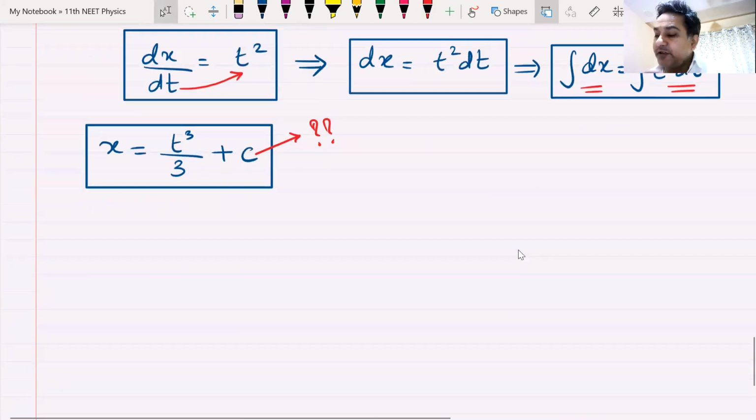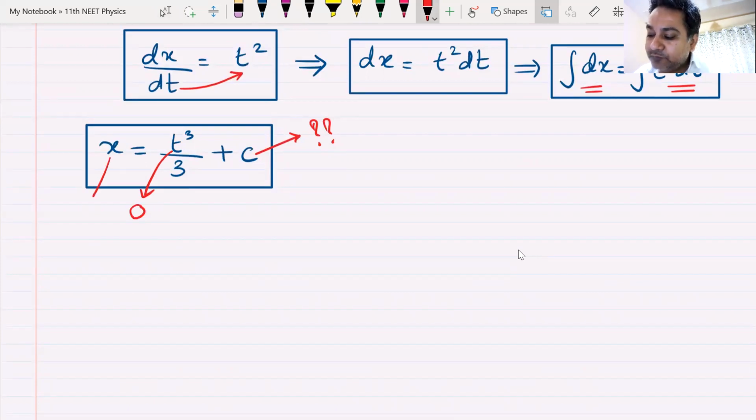So I put the value here. Time is 0 and x is 4. From here I will get the value of c. What will be the value of c now? Time is 0, x is 4.